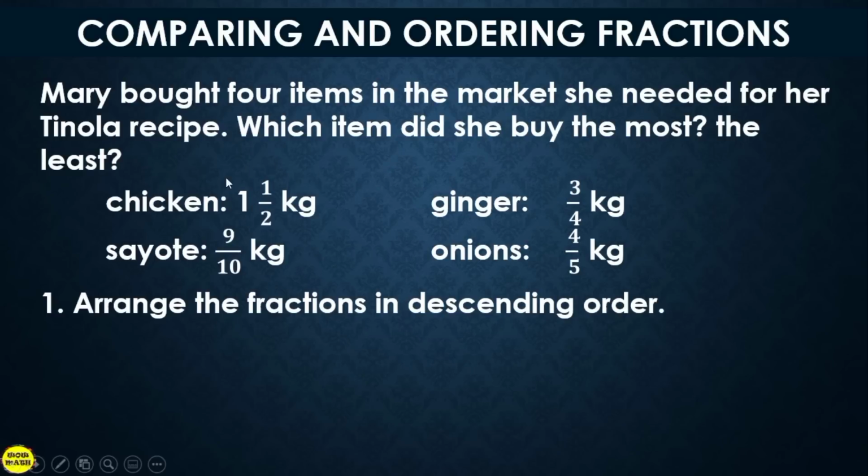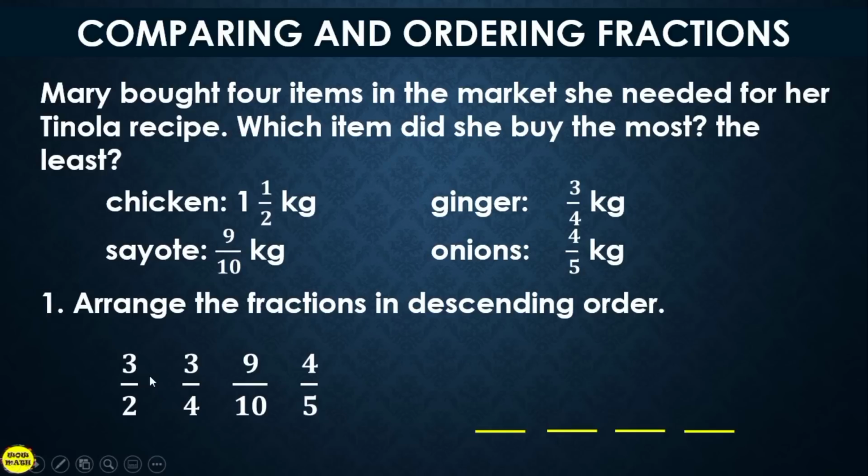Ibig sabihin, yung chicken, mas malaki yung timbang nito. Kapag ginawa natin improper fraction to, 2 times 1 is 2 plus 1, kaya 3/2. Since i-arrange natin into descending order, magsisimula tayo sa pinakamataas na value ng fraction. So, ang una natin dito is 3/2.